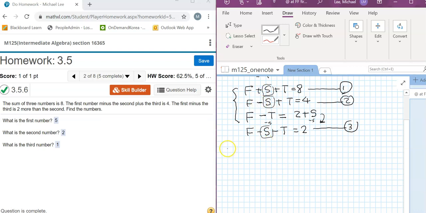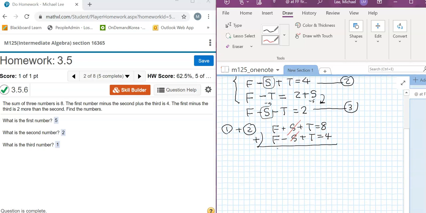So I'm going to do 1 plus 2. That way, F plus S plus T equal 8, F minus S plus T equal 4. If I add, S gets eliminated, is that right?